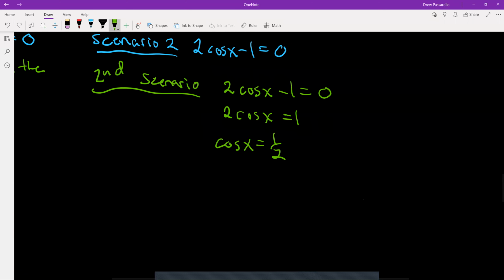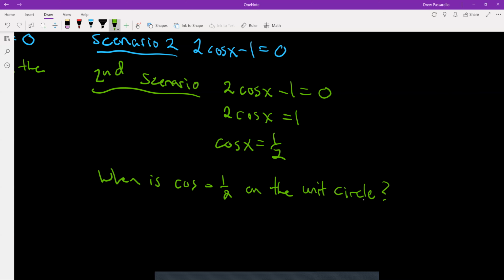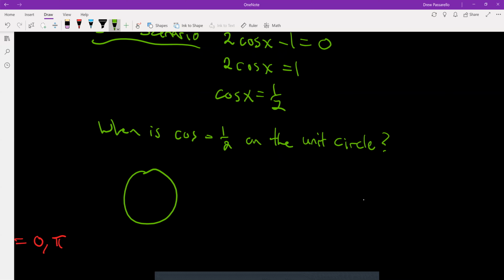And then I ask myself, when is cosine 1/2 on the unit circle? Again, this is confining ourselves to just one revolution, or confining ourselves to 0 to 2 pi. And that's just what the unit circle gives. And then from that, I can come up with a general solution. And you'll see that you'll have two possibilities.